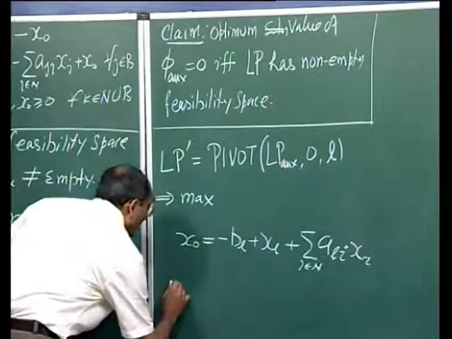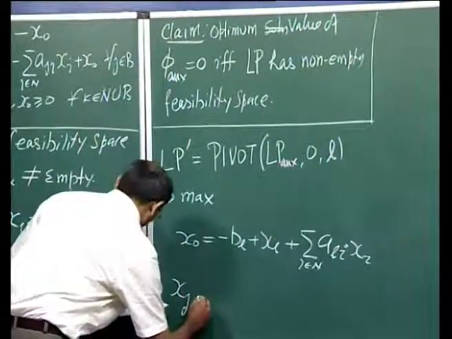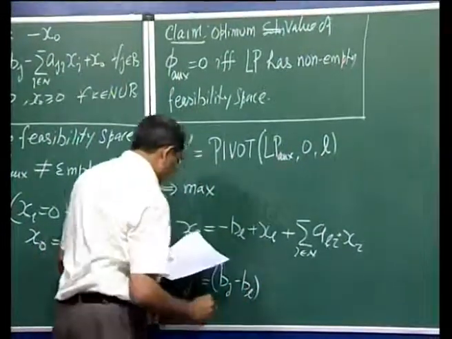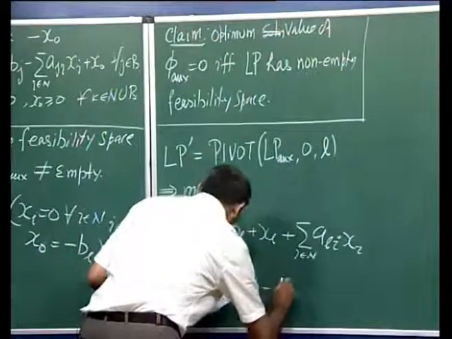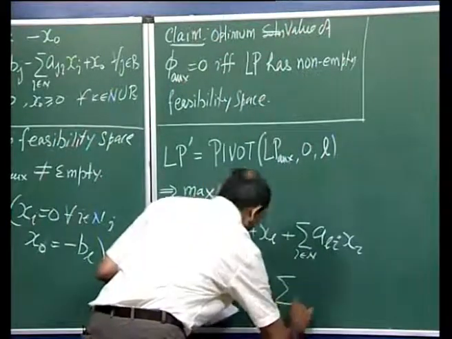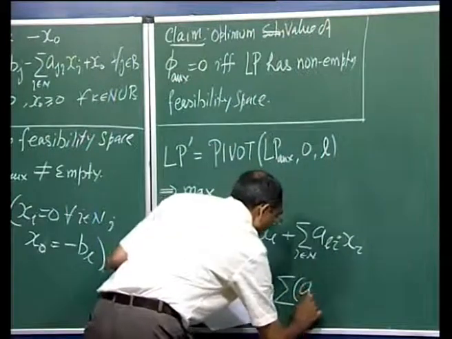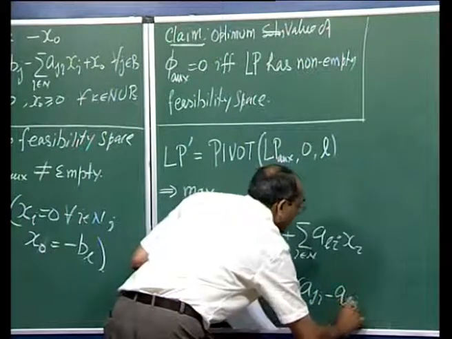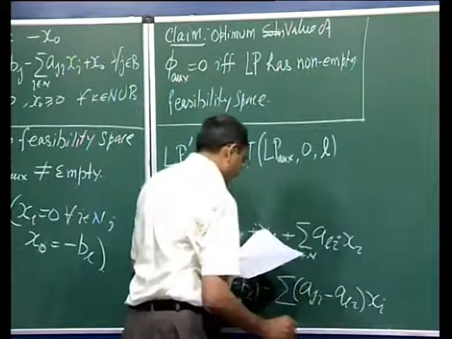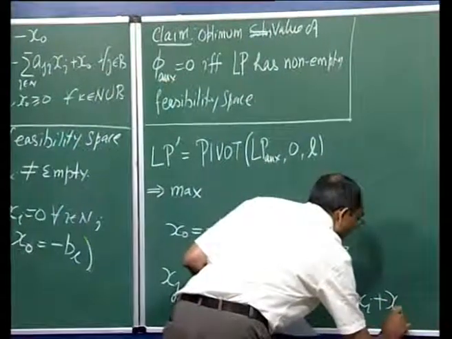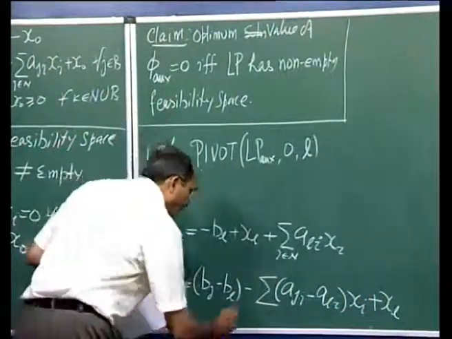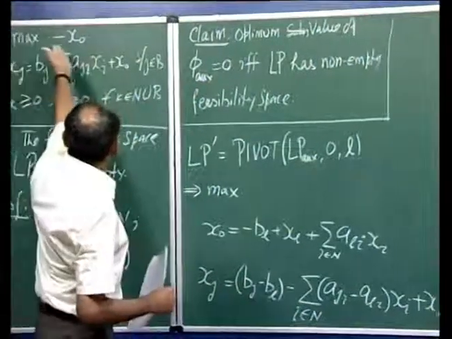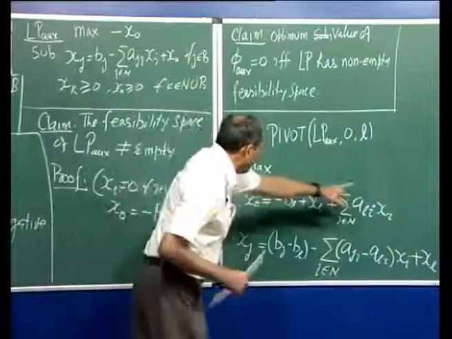The other equations look like xj equal to bj minus bl minus sum eji minus a li xi plus xl for I in n, and our object function was minus x naught, so it should be the minus of this.